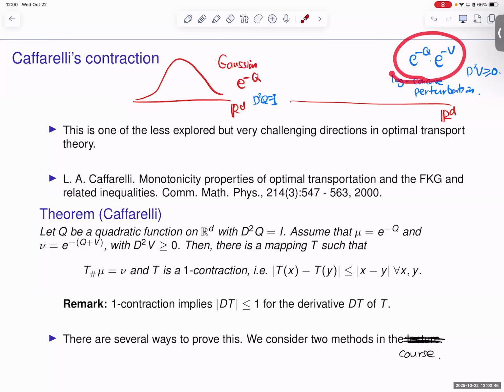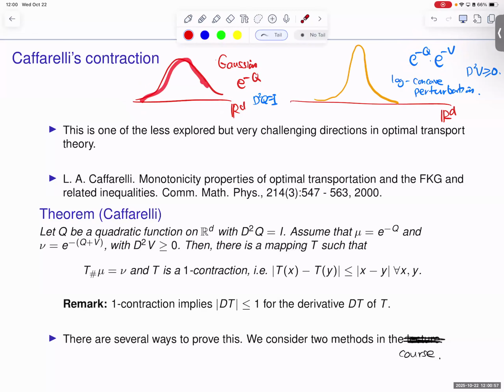In other words, this distribution is more concentrated near the origin. If it is a log concave perturbation, it is more concentrated near the mean of that distribution. That's the typical property.